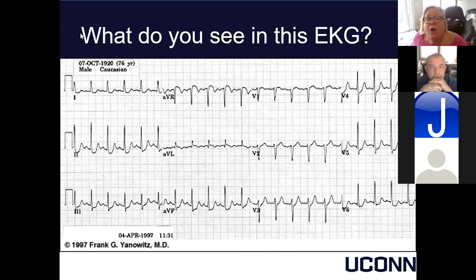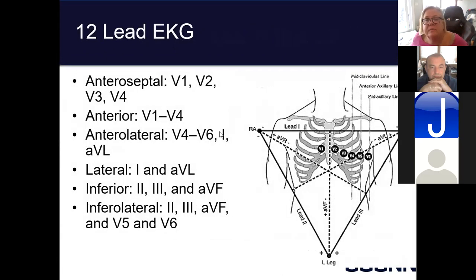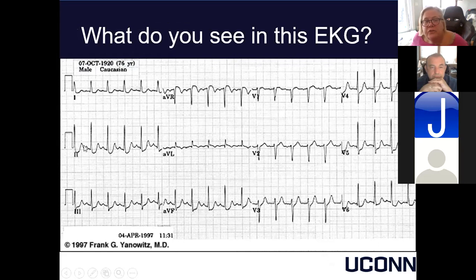For instance, lead 1 and lead AVL are the lateral wall of the left ventricle. Lead 2, 3, and AVF show the inferior wall of the left ventricle.